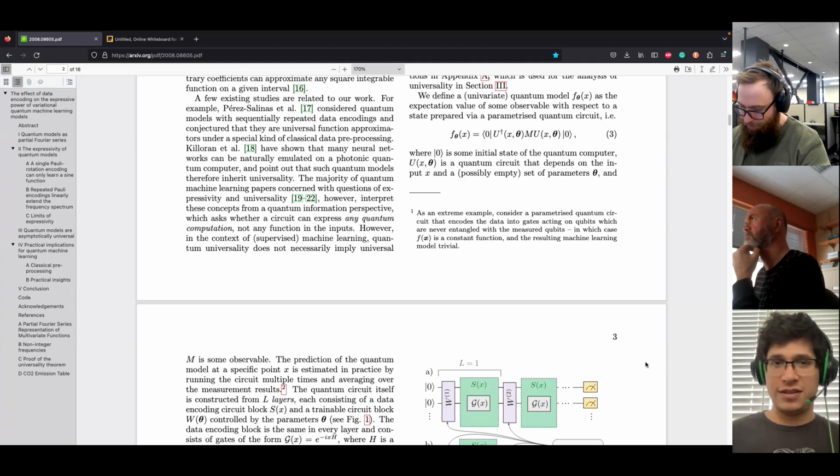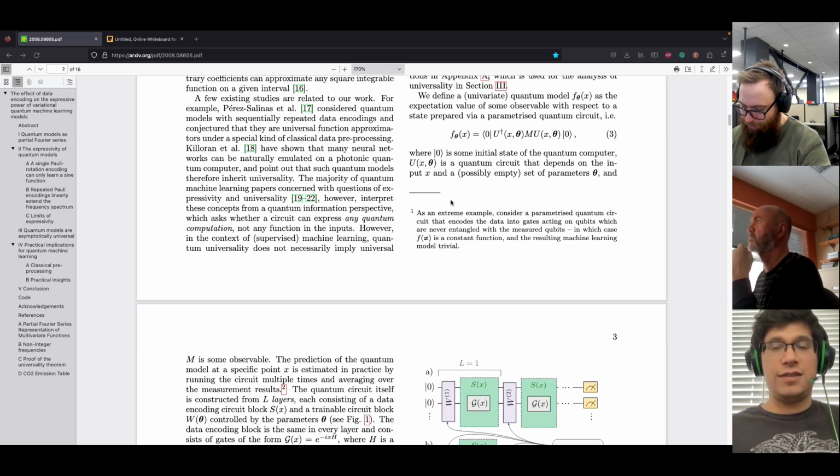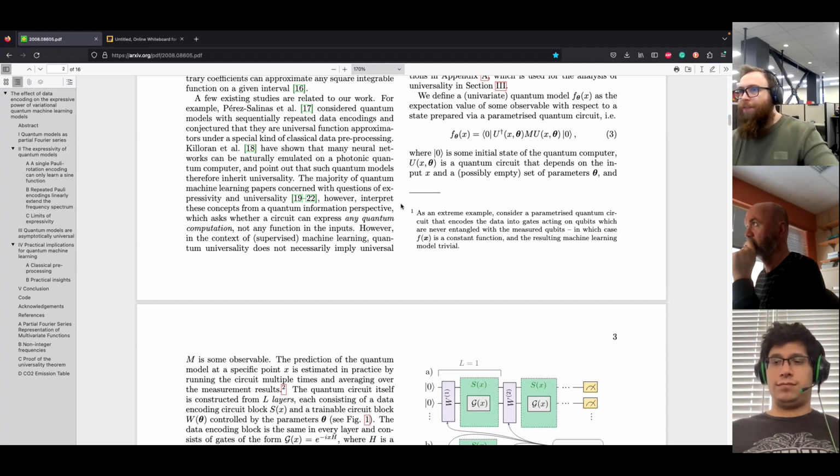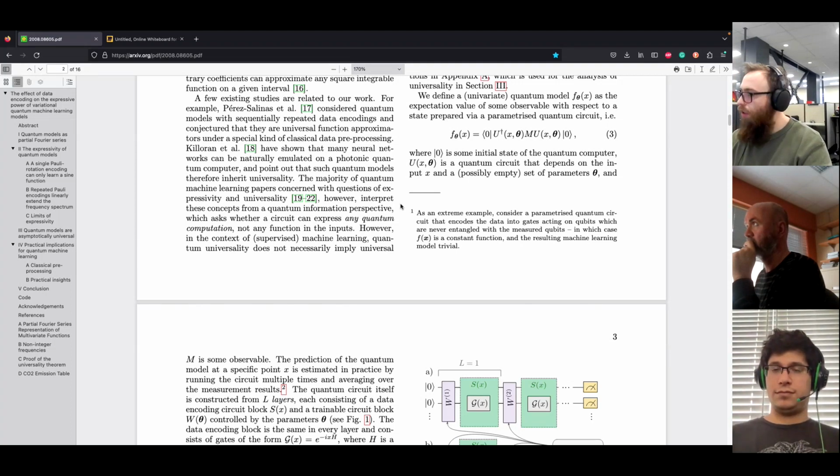So when you ask why I couldn't be used as an observable and why we chose Z, how important is it, how does it impact the results how we choose M, the observable, if we choose Z or some rotated version of it?